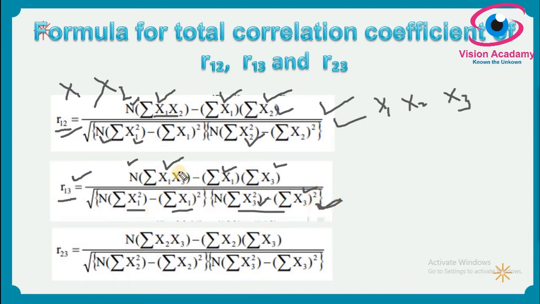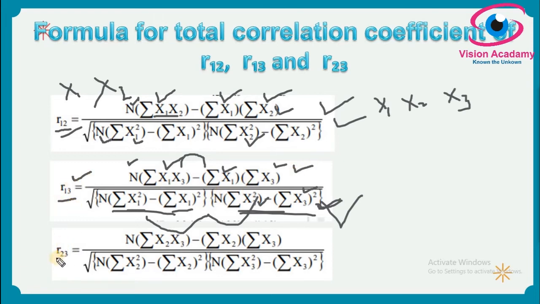So firstly we will subtract this and this, and thereafter we will subtract this portion and this portion, and the results of these two portions will be multiplied. Then we will take the root of this. Thereafter we will divide the numerator by that rooted amount. So we will obtain R13.